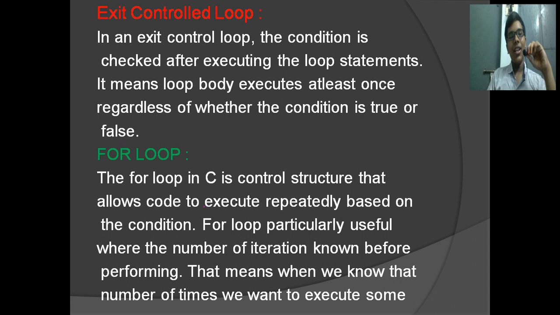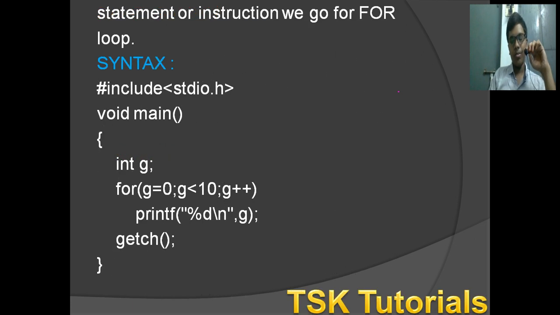That's what we are going to see, because the condition is given at the end. Before reaching the condition, it has already executed the looping statement and the output is given, and then whether it is false or true depends upon the program.